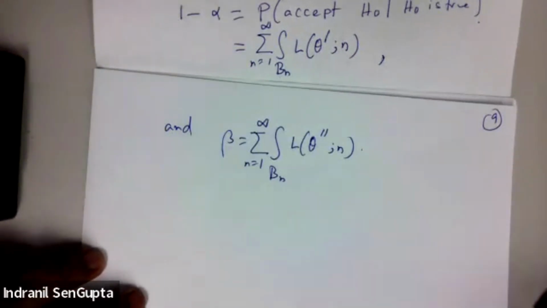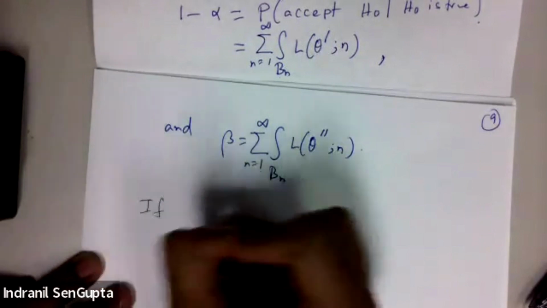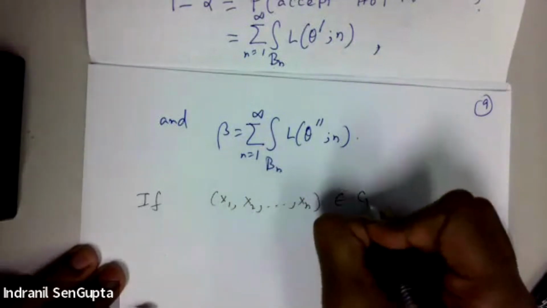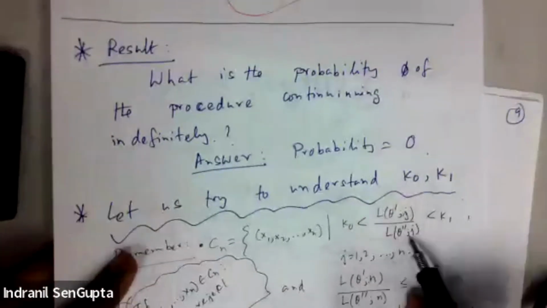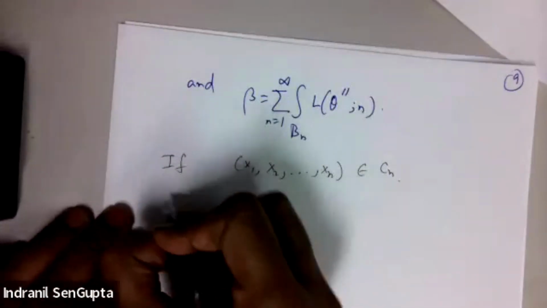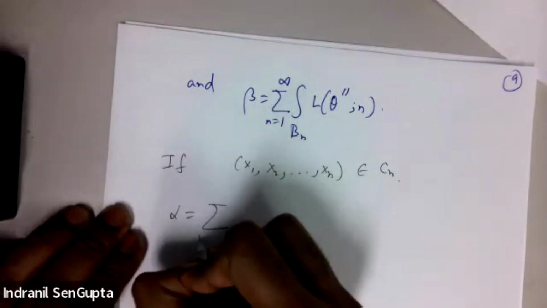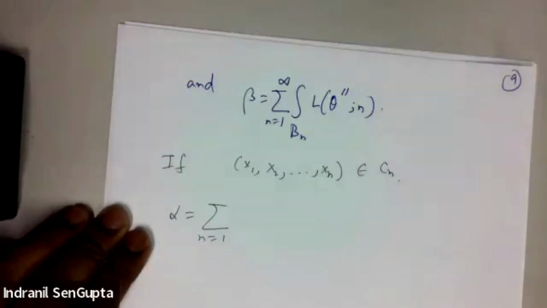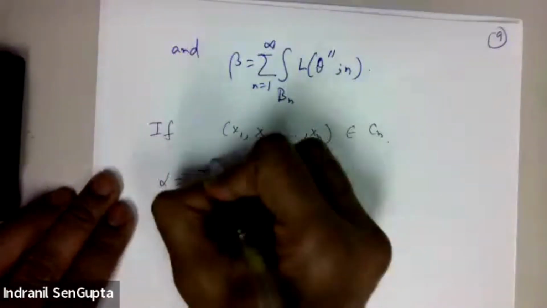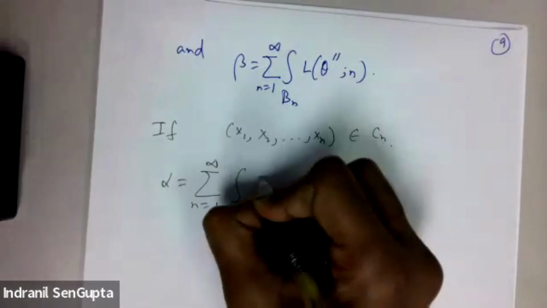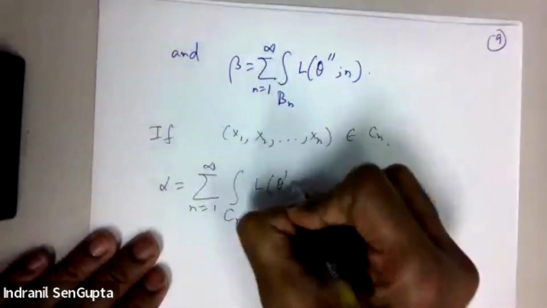That's all the setup. Now, if x1, x2, xn is in Cn, look at Cn. Cn means this is true, right? Then I can write alpha, which is equal to the summation over n from 1 to infinity, using this definition right here, of the integral over Cn of L of theta prime n.